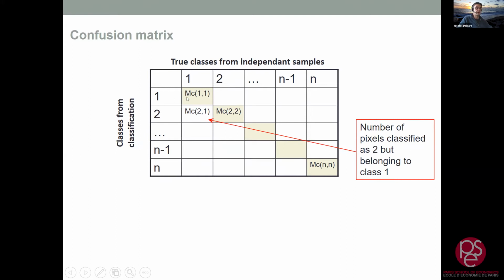Some of them are classified in our classification as 1, but some of them are classified as 2. And we do that for all classes, which means in the diagonal line of the matrix, we have the pixels that are correctly classified. Outside of the diagonal, we have the pixels that are incorrectly classified.